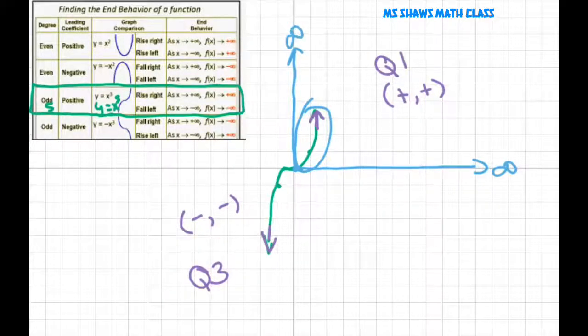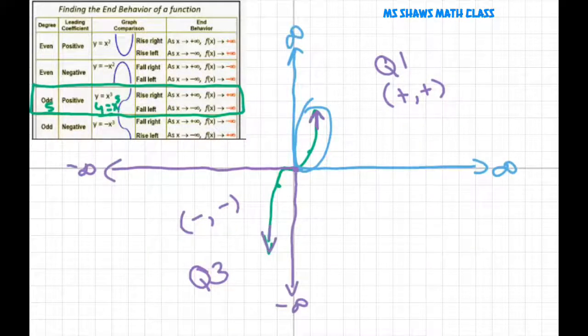As x gets smaller and smaller from 0, so does my y. All right, so that's basically what that means. If you look at this, we have positive, positive, so that's quadrant 1. We have negative, negative, that's quadrant 3.